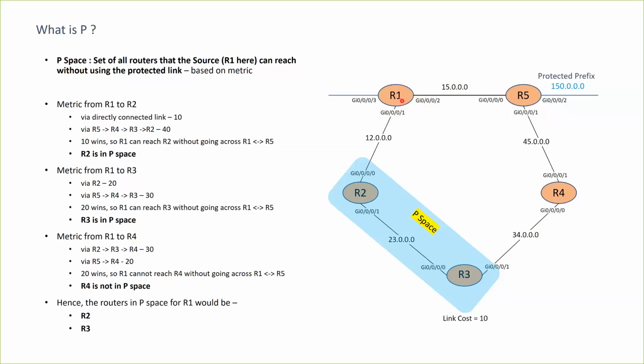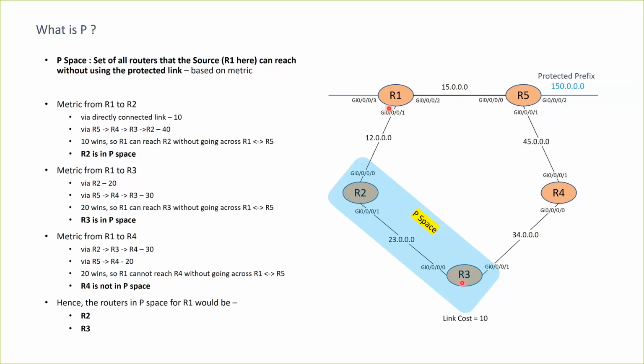Going purely by cost, it's R2 and R3. R1 to R2 costs 10 directly. R1, R5, R4, R3, R2, the other path, costs 40. So 10 is the best metric, and R1 can reach R2 directly without using the protected link.